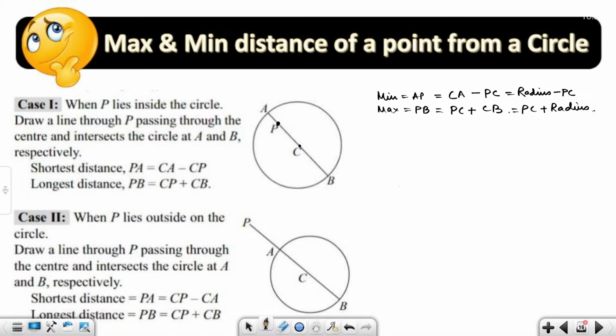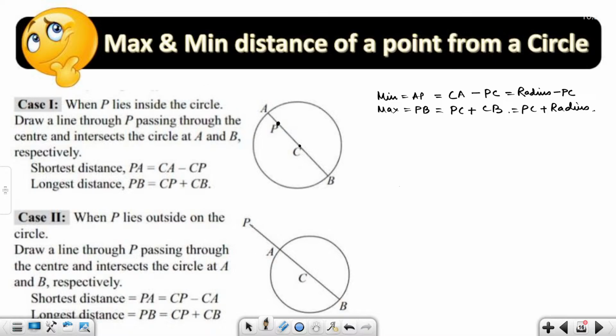So to find the minimum value, you simply do radius minus PC. What is PC? P is the given point and C is the center of the circle. And for the maximum value, you simply do PC plus CB, that is PC plus the radius. Right? This is when the point is inside the circle.